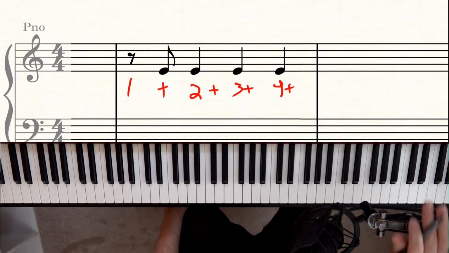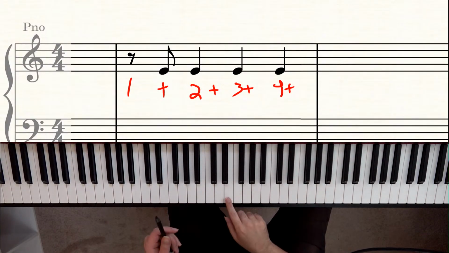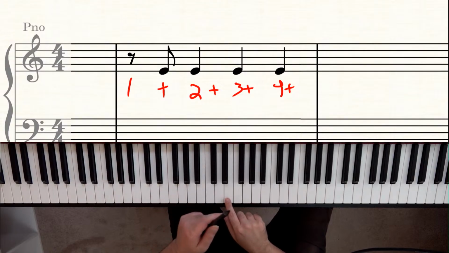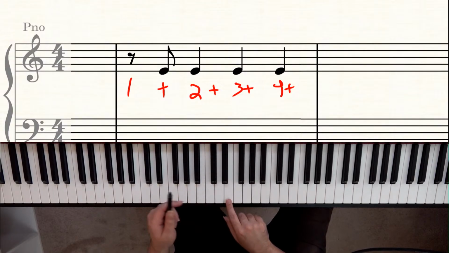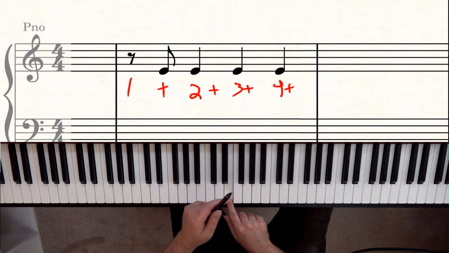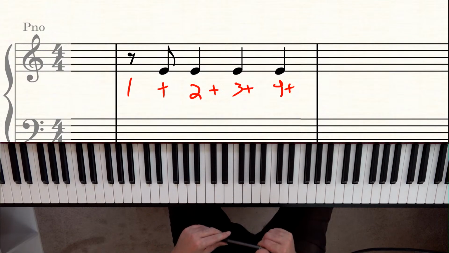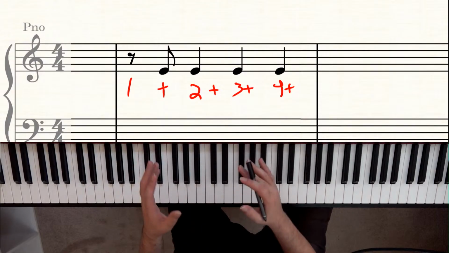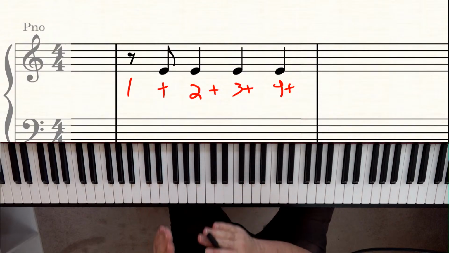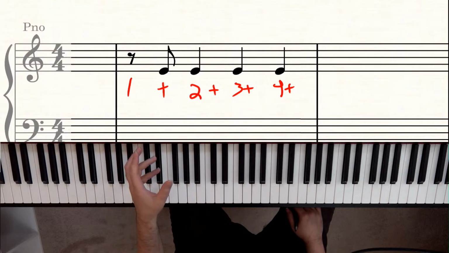There we go. Okay, so now we have 1 and 2 and 3 and 4 and, again 1 and 2 and 3 and 4 and. Here's a bonus tip for you. If you're playing this in a band and you're waiting to come in, always be cognizant of what beat of the measure you're coming in on, right?